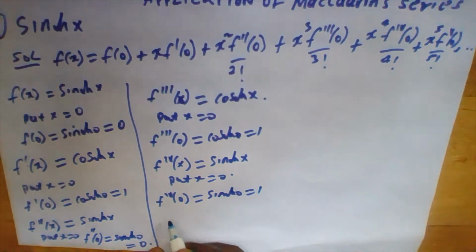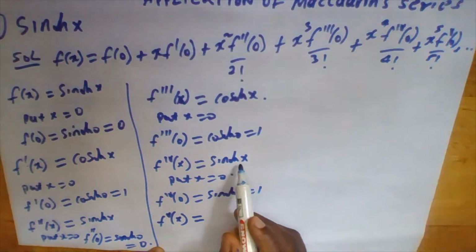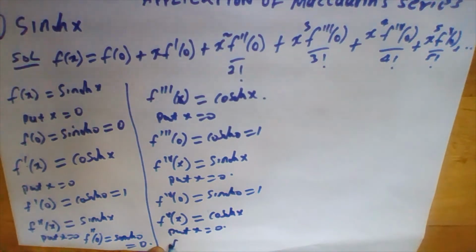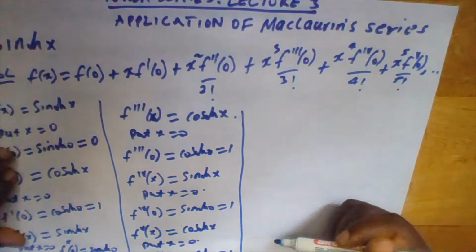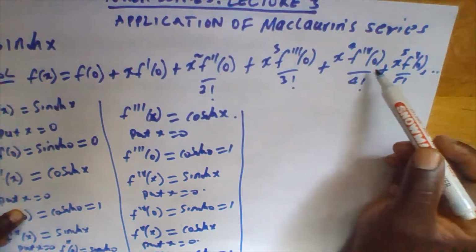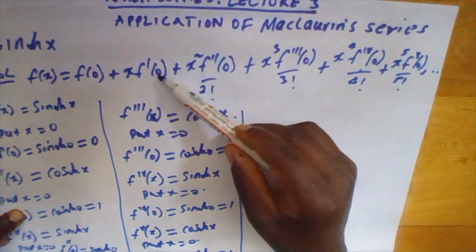So we have the fifth derivative of x equals cos x, then we put x equals 0, which equals cos 0, which equals 1. Now once we have all this, we have f of 0 raised to 5, f of 0 raised to 4, f triple prime, f double prime, and f prime.